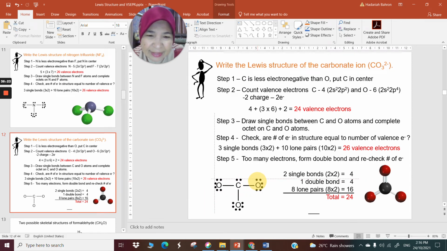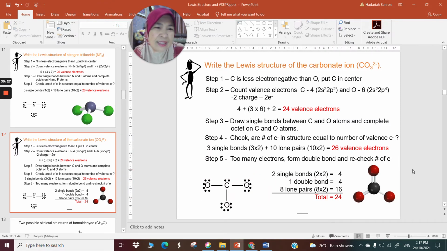So at this stage, you need to pause and check. You need to check one more time. How many electrons do you have already in the structure that you draw? So you have the dots are 6 plus 6 plus 6 plus 2, that's 20, right?